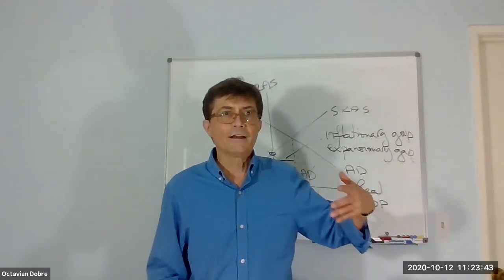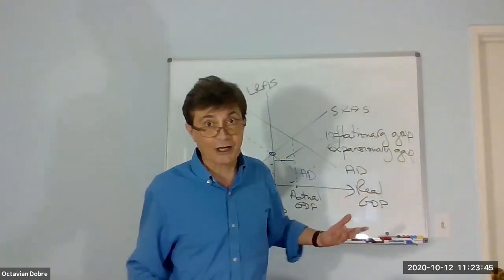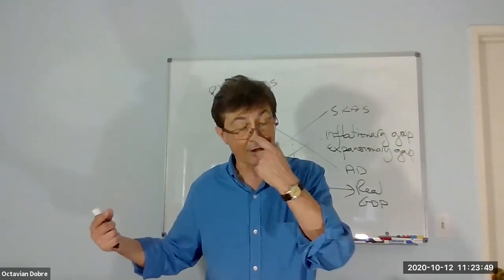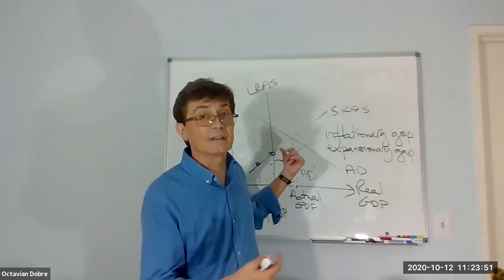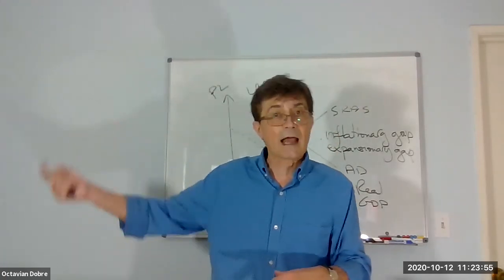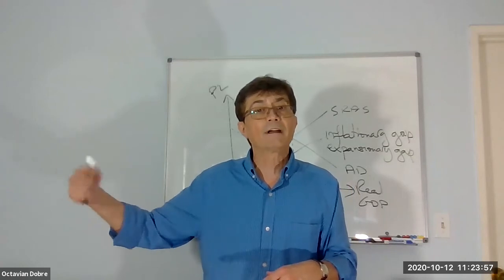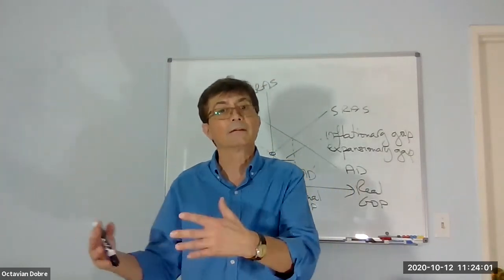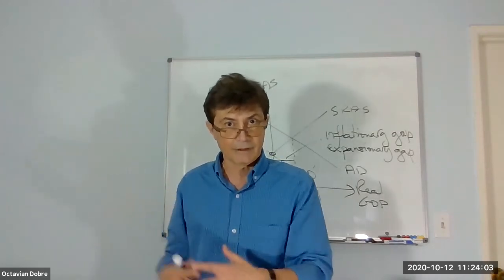And then if we're talking about an inflationary gap, the tools that the government has in order to close this inflationary gap, to slow down the economy, is going to be exactly the opposite of what the government does to move the economy outwards, to expand the economy.